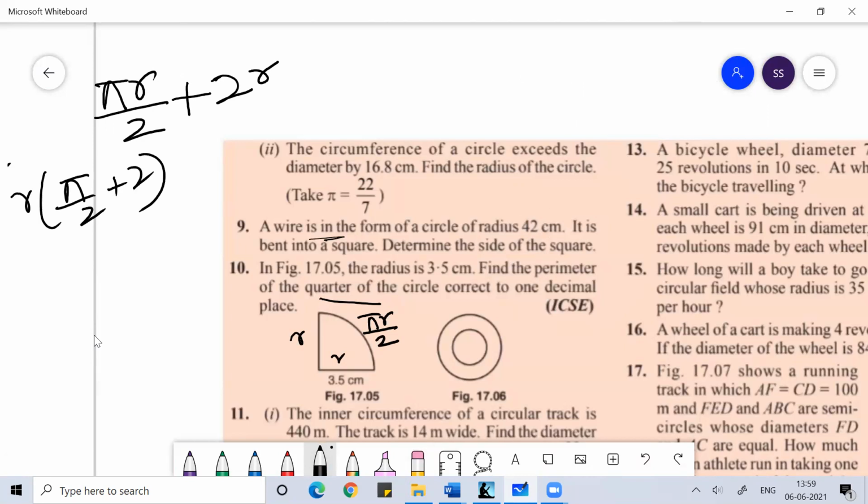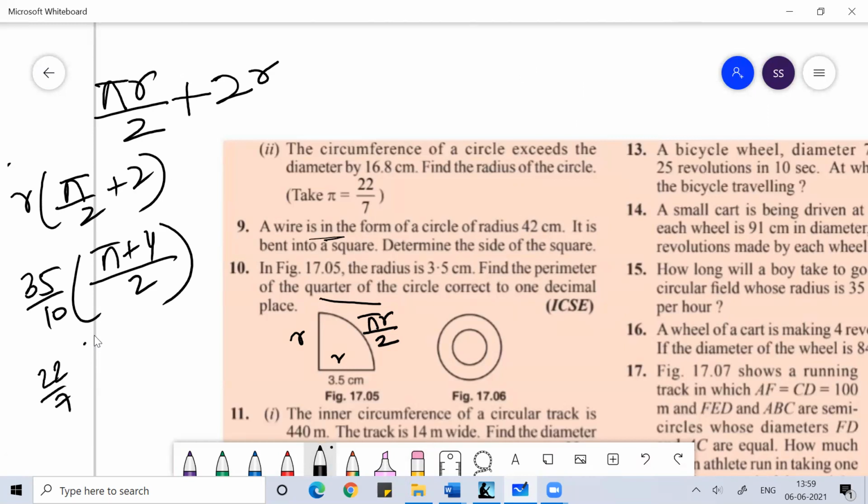So 5.5 centimeter... 12.5 is given, and r is 3.5, which is 35 by 10. This I can write as (pi plus 4) by 2. So this is 22 by 7 plus 4, which is 22 plus 28 by 7, that is 50 by 7.